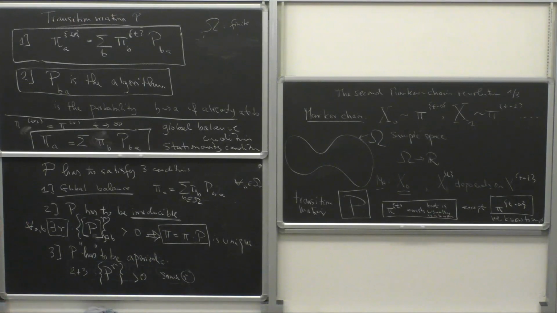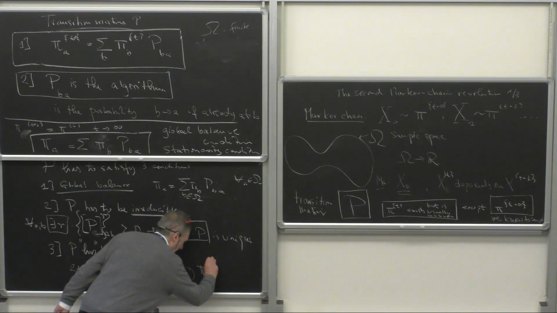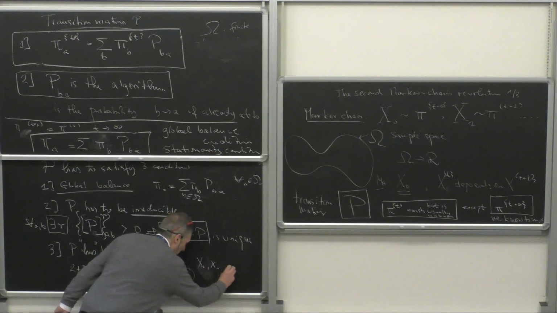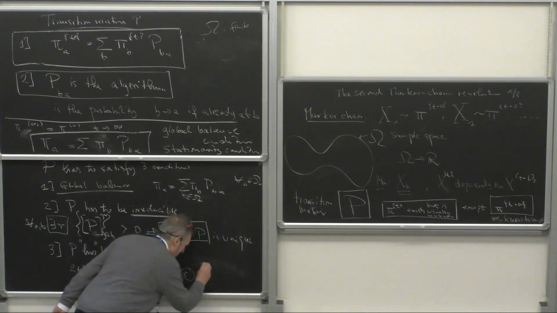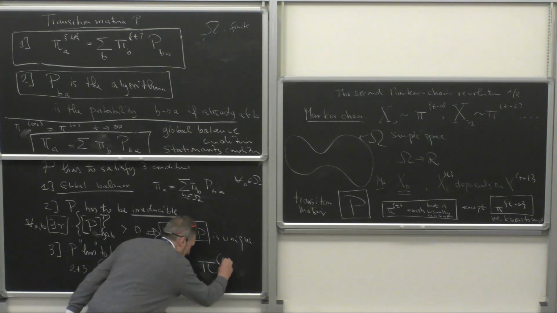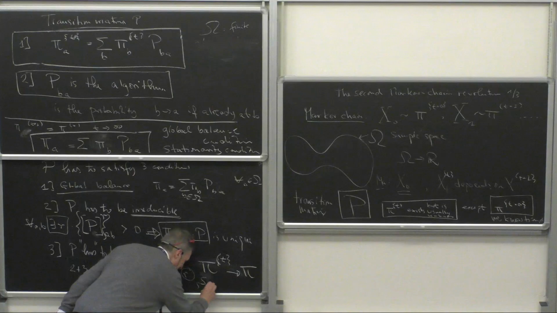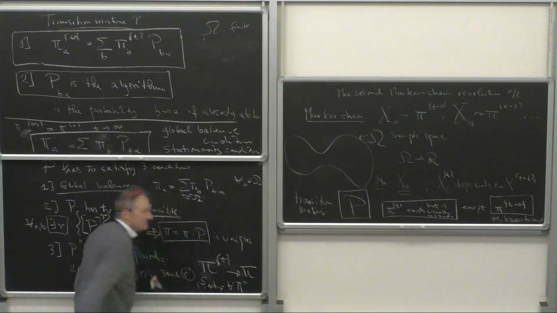And then what happens is that pi as a function of t will converge to pi starting from any pi of 0.